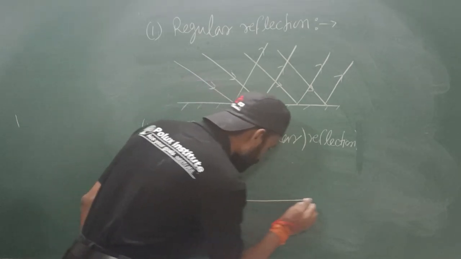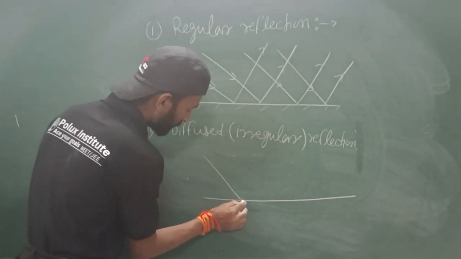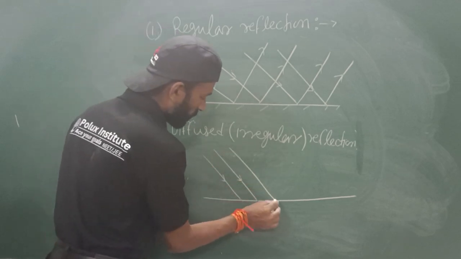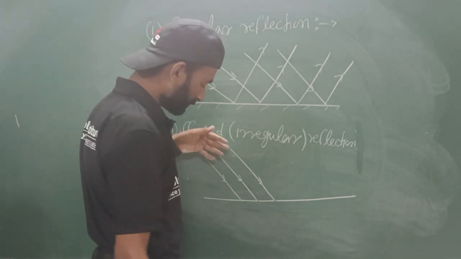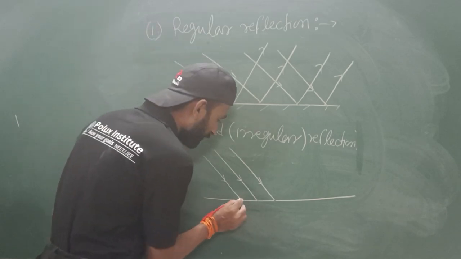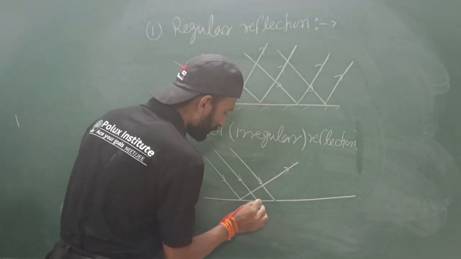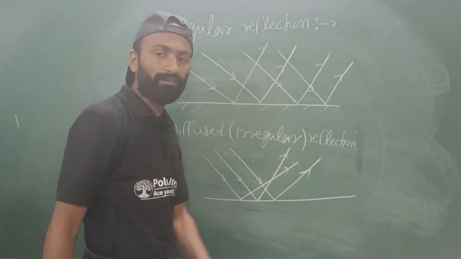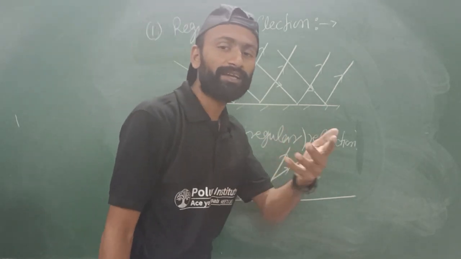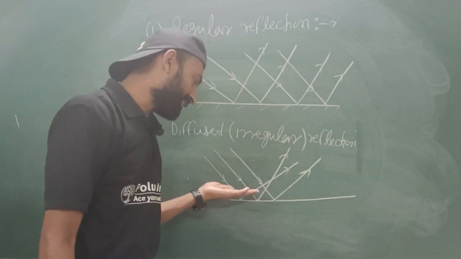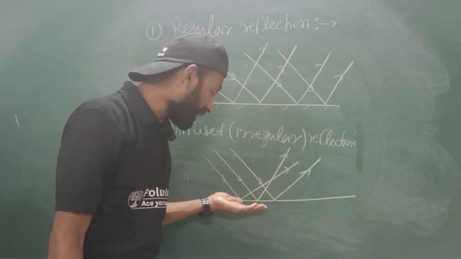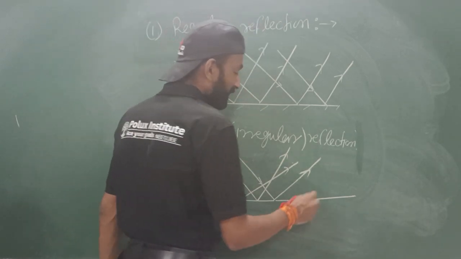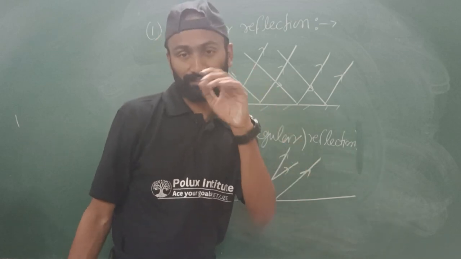If light is coming on the surface, let's say 3 rays have come, and after reflection one will go in this direction, one in this direction, one in this direction. All 3 go in different directions. After reflection, the light is not going in the same direction. This is called irregular or diffuse reflection.